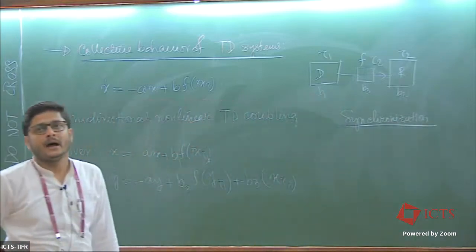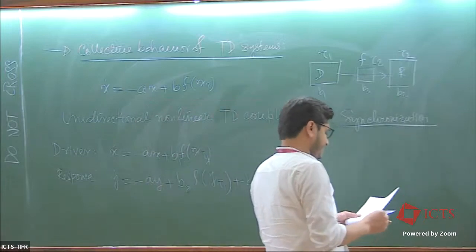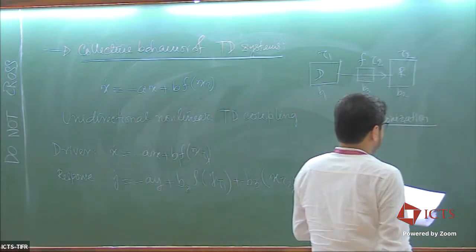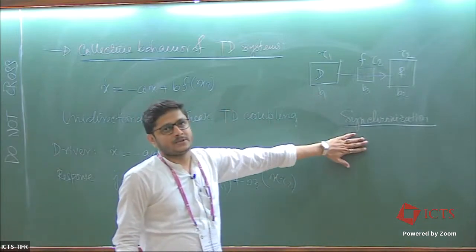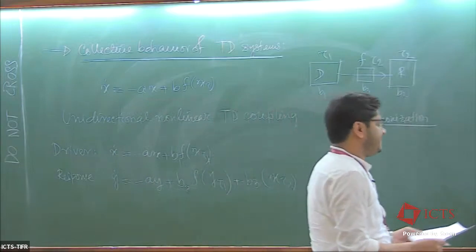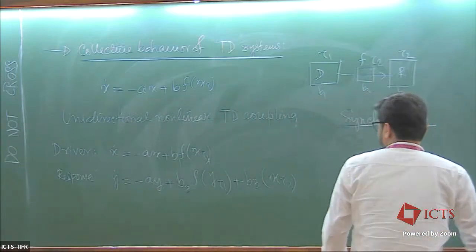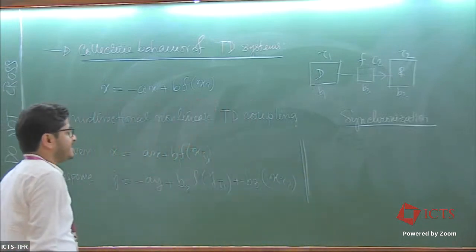In the chaotic and hyperchaotic regime. So if we want to consider the stability of the synchronization, then we have to follow some steps, some stability analysis. Suppose these are somehow synchronized.